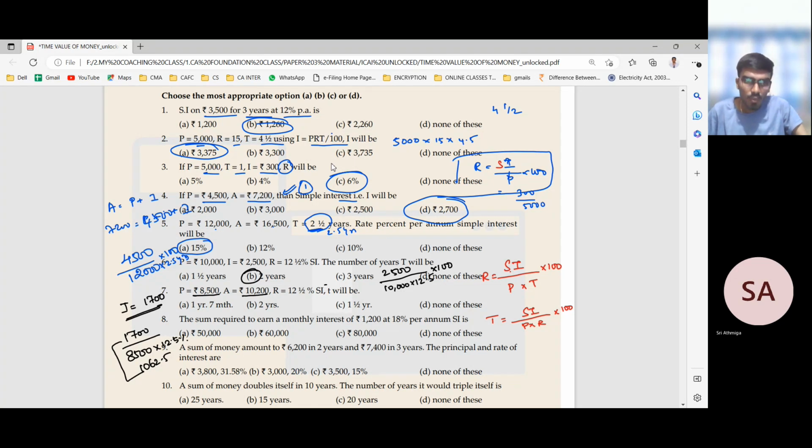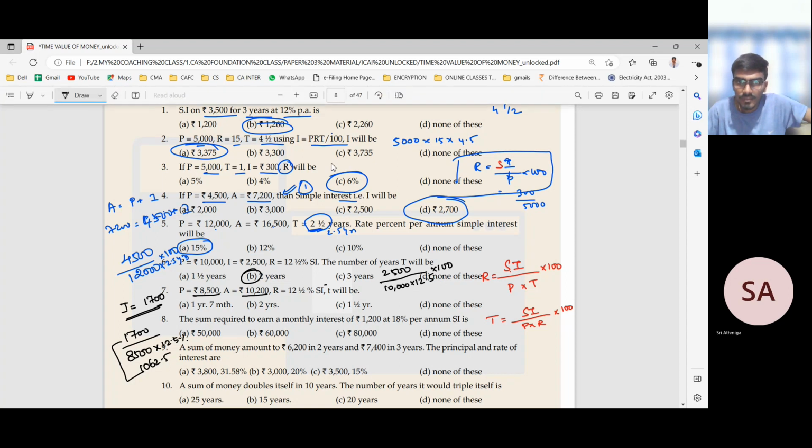Shall I say 1.6 is equal to, here I am writing down, 1 year plus 0.6 into 12.